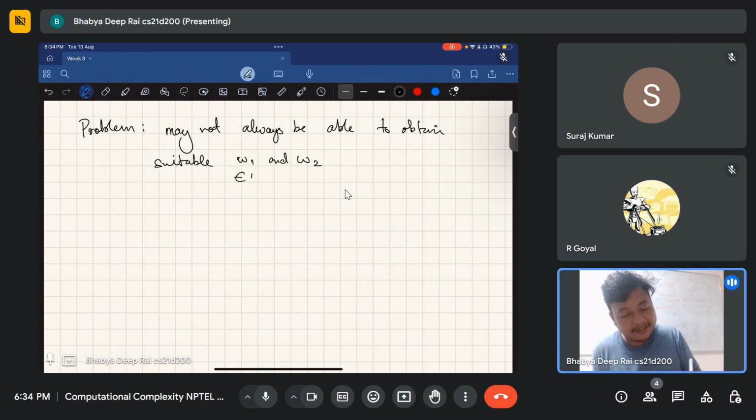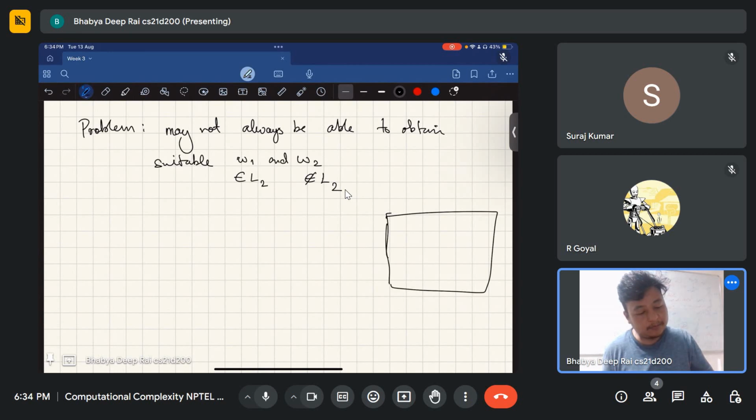That is, W1 is in L and W2 is not in L2. This is the problem. We need a W1 which is in L and we need a W2 which is outside L. What if that does not happen? Can you tell me a case when this does not happen? What should L2 be?